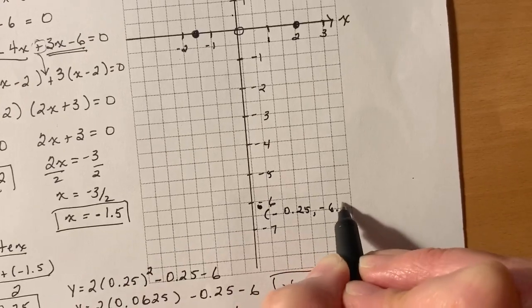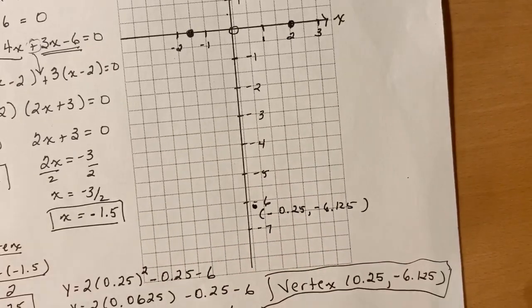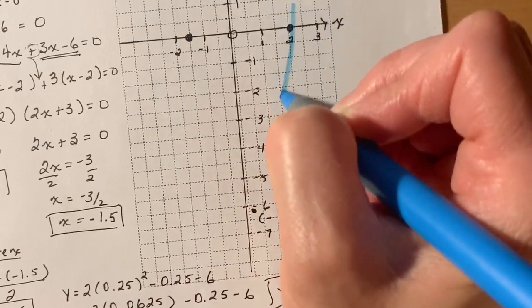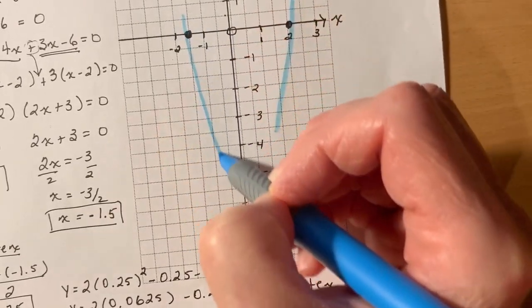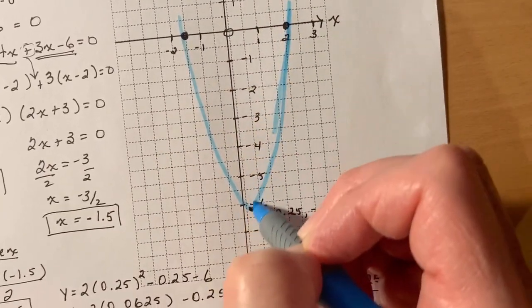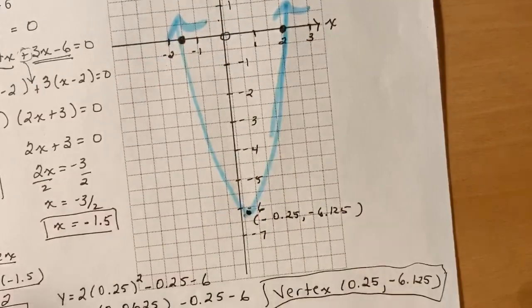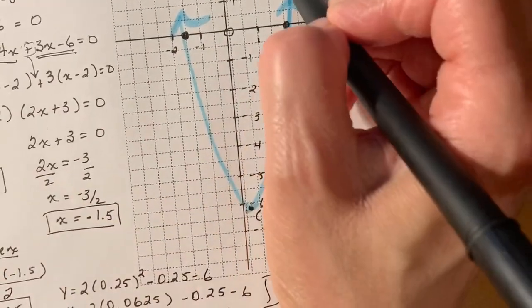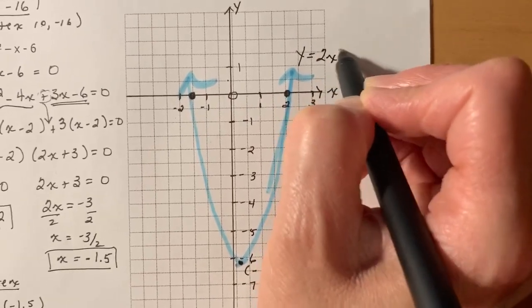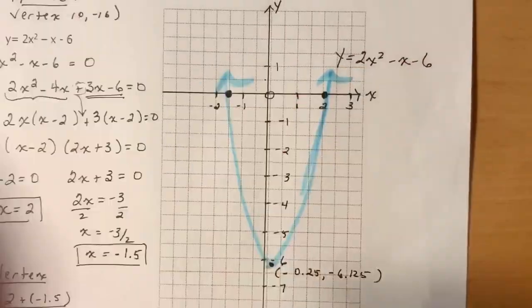Okay. And then I draw my quadratic, or my parabola, sorry, didn't do such a great job there. Arrows on each end, and then of course you label it. And now we are done.